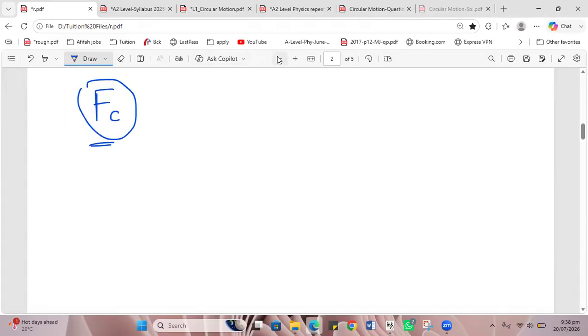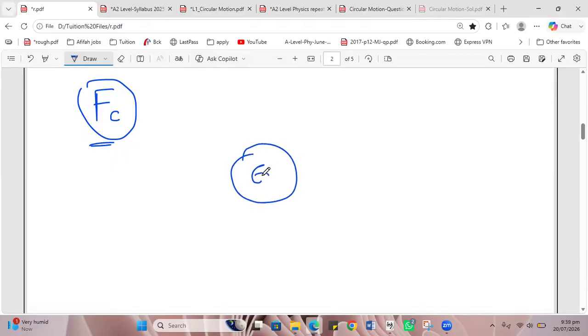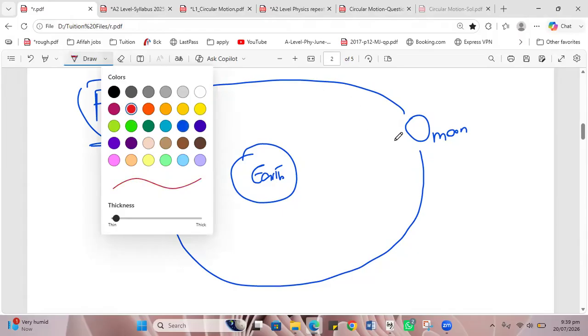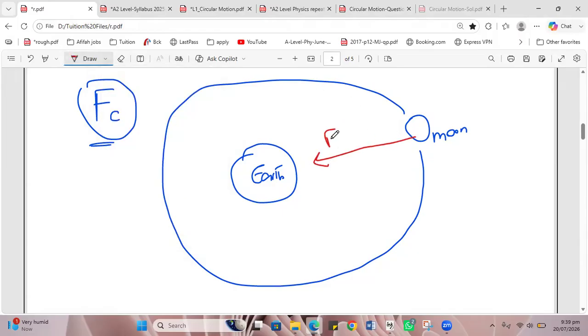Now, let me give you an example. This is the Earth. This is the Moon. Now the Moon revolves around the Earth in a circular path. So basically, the Moon is undergoing circular motion, right? So it has a centripetal force, of course, Fc.